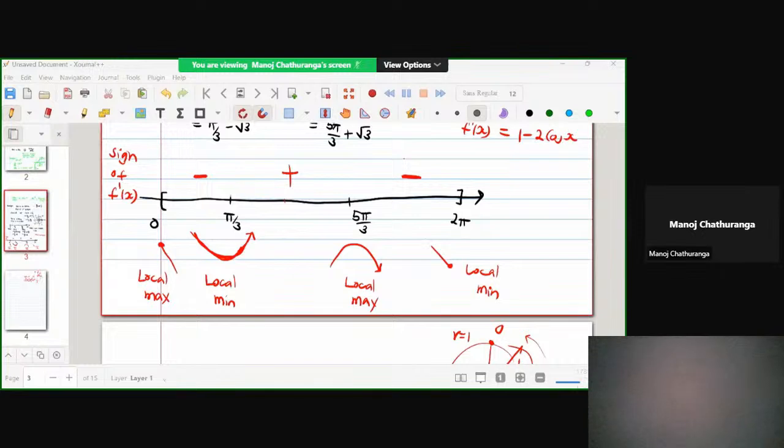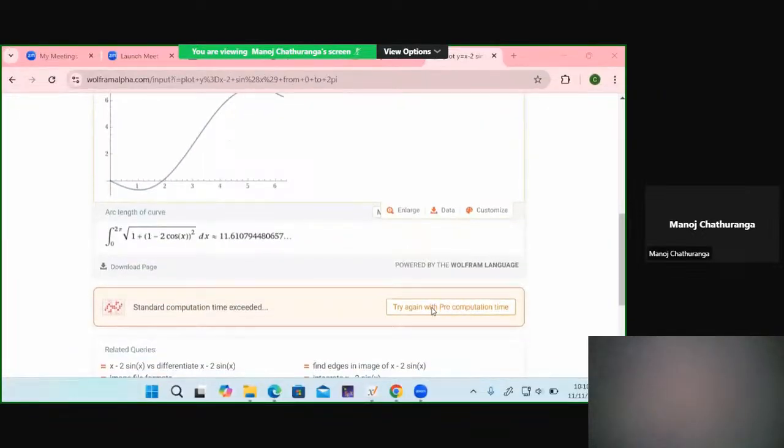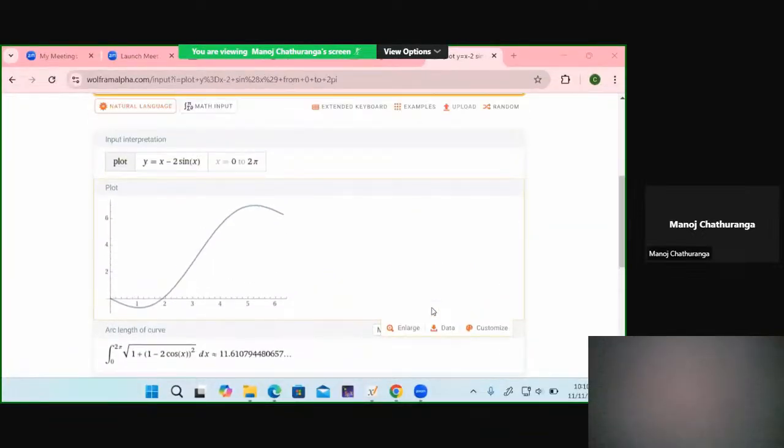Let me show you the graph of this function. I drew it using this software. So we found the nature of these critical points.